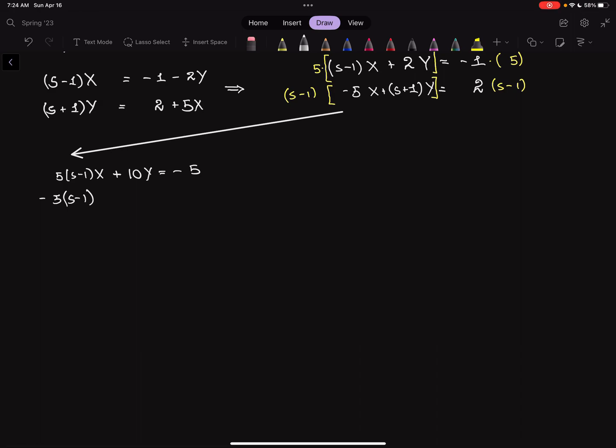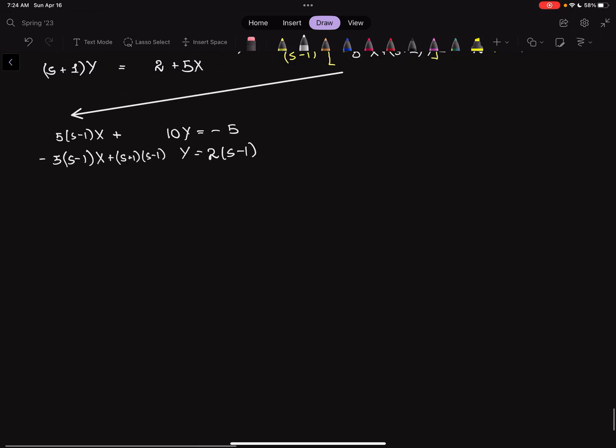Here I have the negative X plus, we'll need a little bit more space because this is going to be a big coefficient, (s plus 1)(s minus 1) times Y, and that's equal to 2 times (s minus 1).